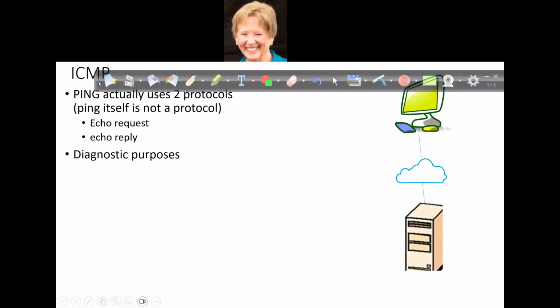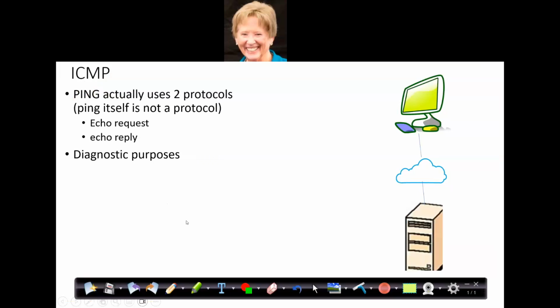So ping actually uses 2 protocols. Ping itself is not a protocol. ICMP is the protocol. So if I ping from here to here, I'm sending an echo request. That's a request.